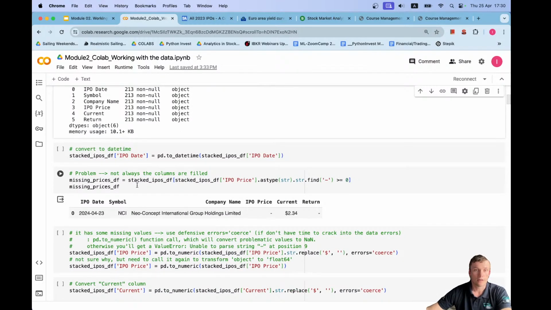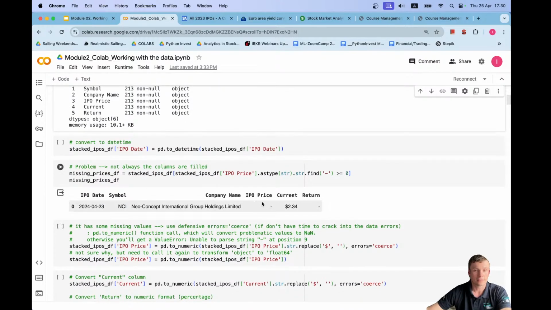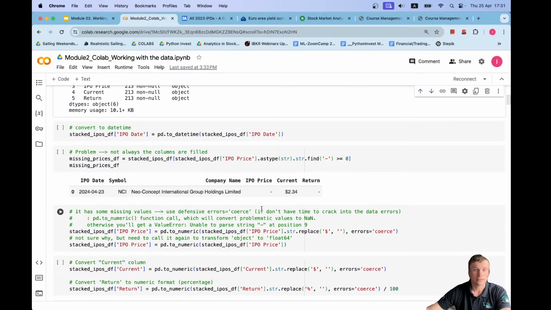Then I actually found that some of the numerical values are not filled, and there are some NaNs, and this is how you can check. In this particular case, if you find some string representation like this, it's bad data, and you need to replace it with something.